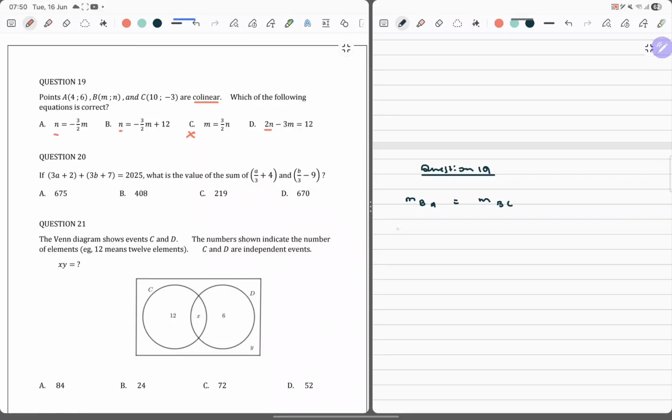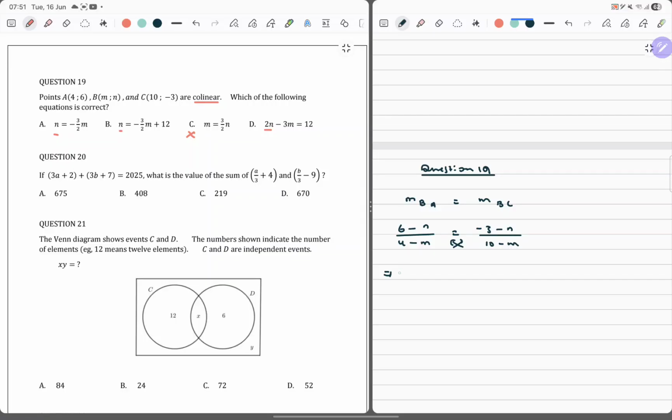M_BA is going to be y at A, that's 6, minus y at B, that's N, divided by x at A, that's 4, minus x at B, that's M, equals the gradient for BC, so we can say x at C minus 3 minus N divided by 10 minus M. Okay, so we've got a situation now developing here, so we can cross multiply.